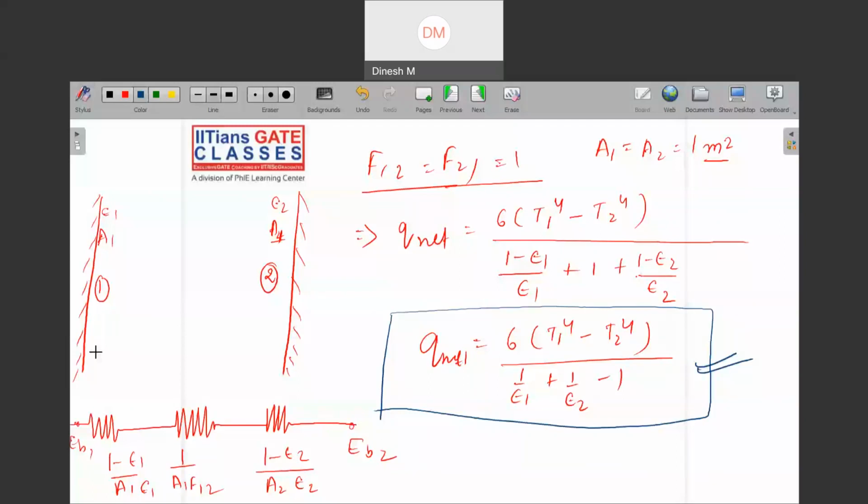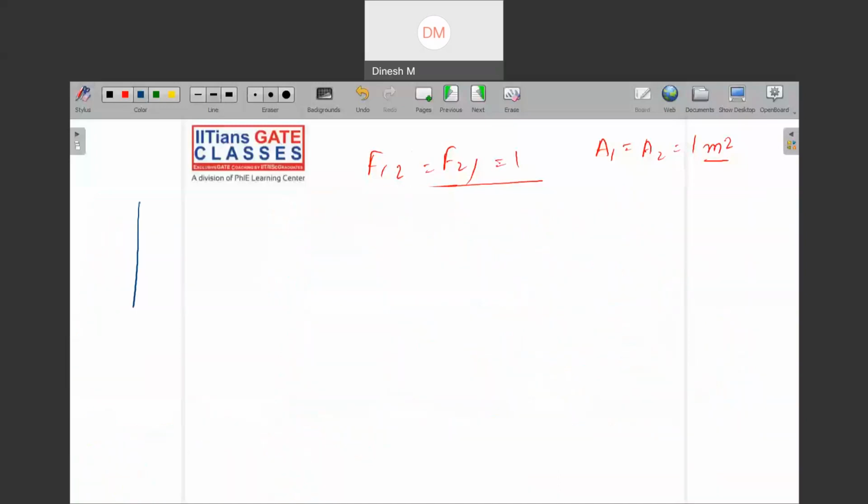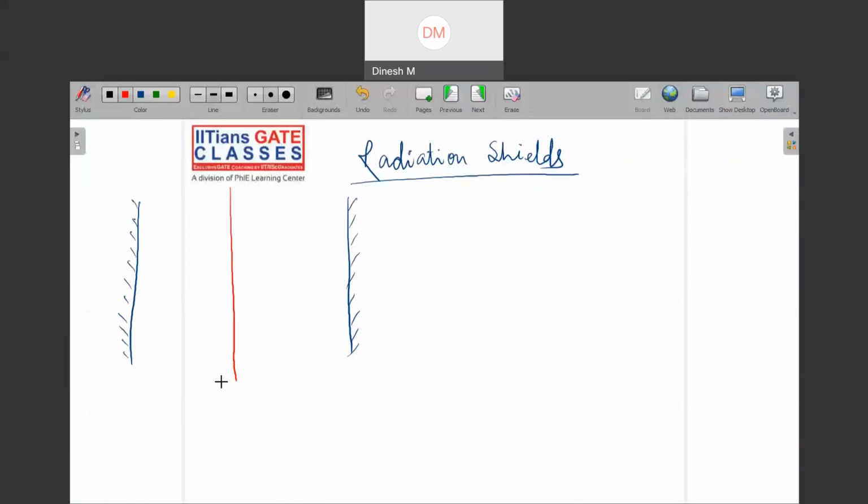So you introduce a radiation shield which obstructs the heat exchange between, let us say, surface 1 and surface 2. If this is at T1 with emissivity E1, and this is at T2 with emissivity E2, then I am introducing a shield here. So what is the job of this shield?